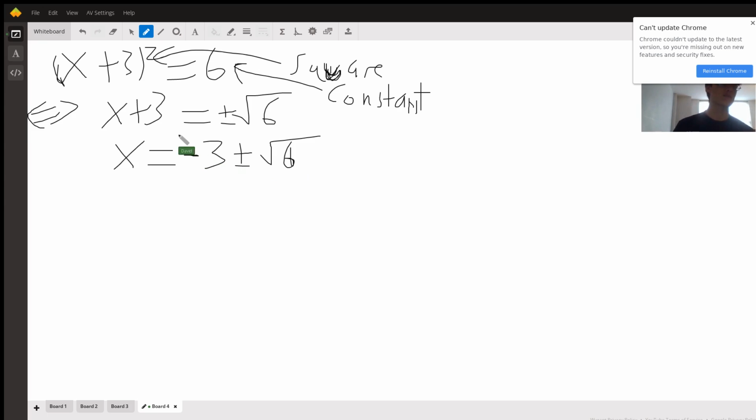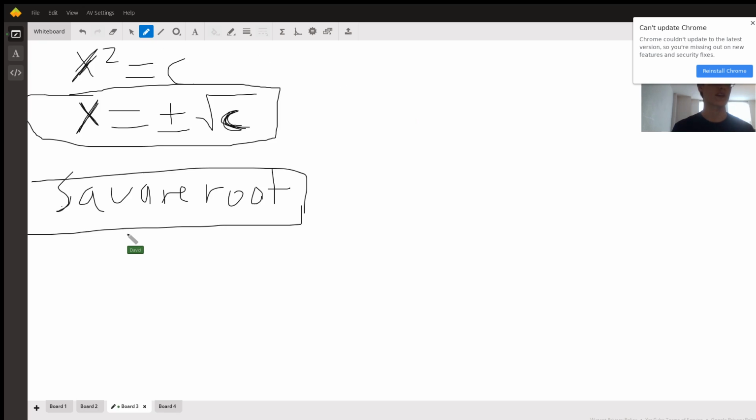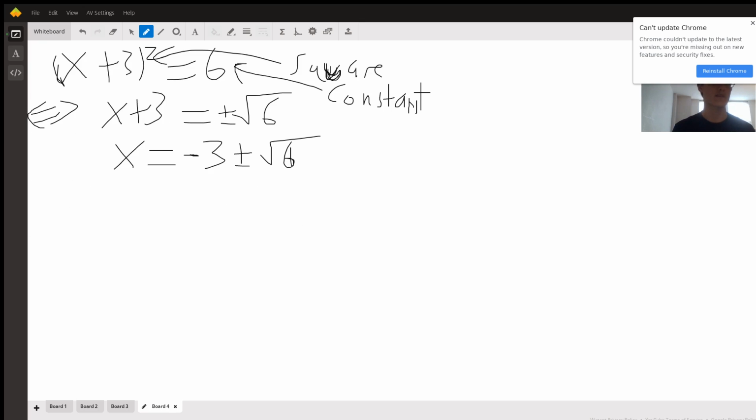So that's why the solution to the linear equation is just given by x is minus 3 plus or minus root 6. And we got that linear equation from taking the quadratic equation we started with and square rooting, which we could do only because it was written in a form where square rooting made it a nice linear equation. It was written as a square equals a constant. Whenever a quadratic equation looks like that, we can apply the square root method.